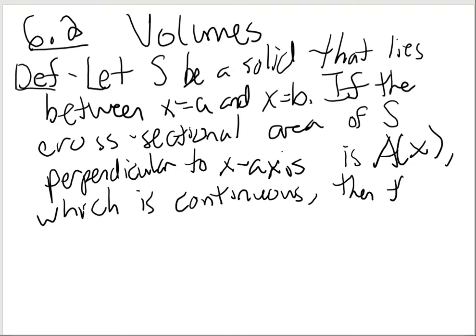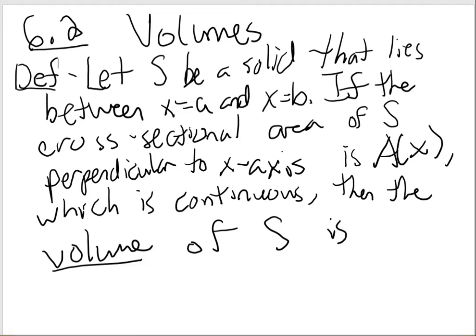then the volume, or we're going to call the volume of S, is, well, we're not going to just multiply A of x times b minus a. Similar to what I was saying before, we want to translate that into an integral.